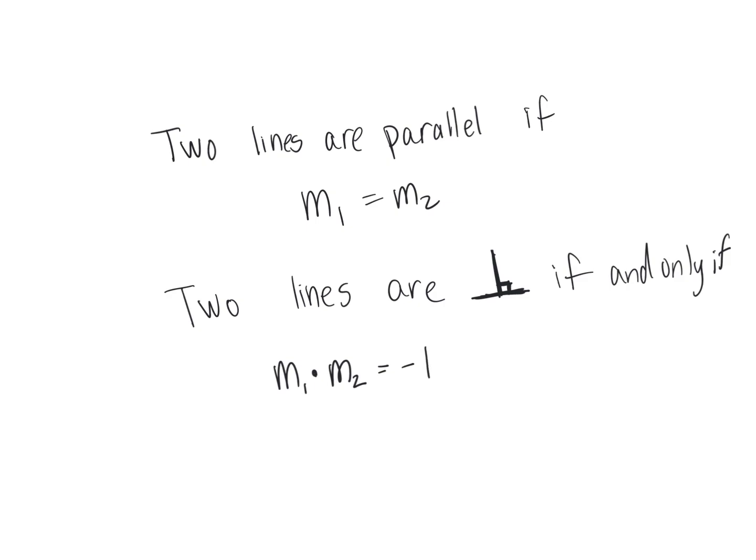If you multiply the two things together and you get -1, or equivalently, M2 is the reciprocal of M1, but the opposite sign, opposite reciprocal.